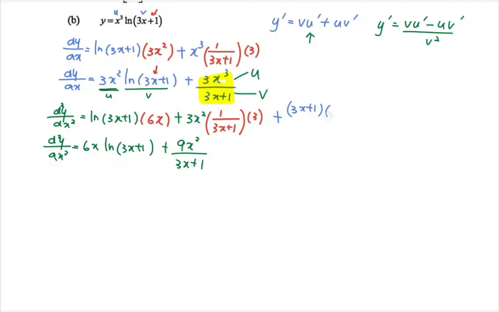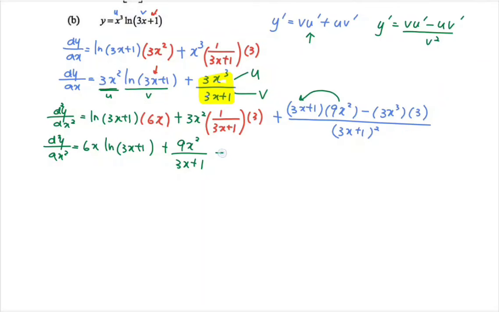So here we will have 9x squared minus, continue with the u, and then differentiate, then we'll have the 3 over v squared, where we have (3x plus 1) squared. Next, kindly expand the situation.